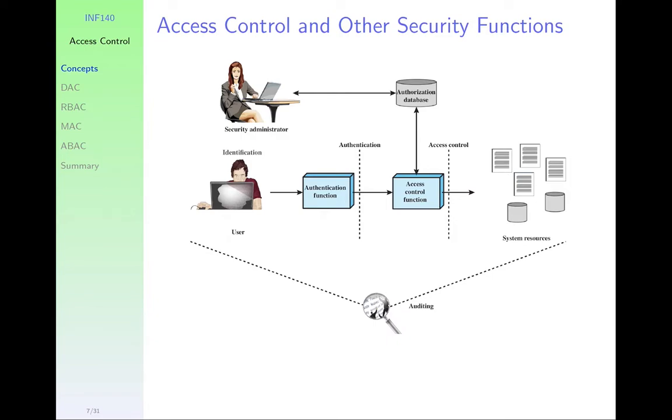So the system will verify whether the credential is valid or not. If this credential is valid, then the system needs to make sure what kind of resource this credential, this entity, can access.